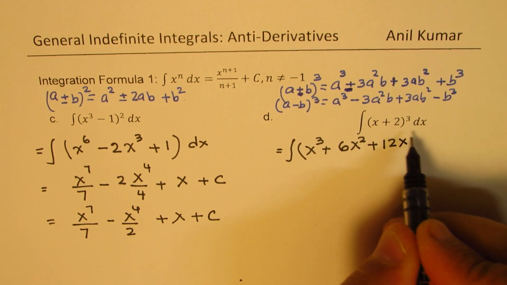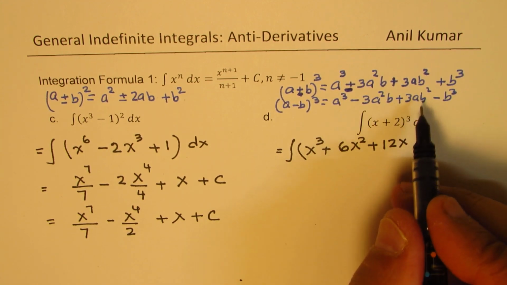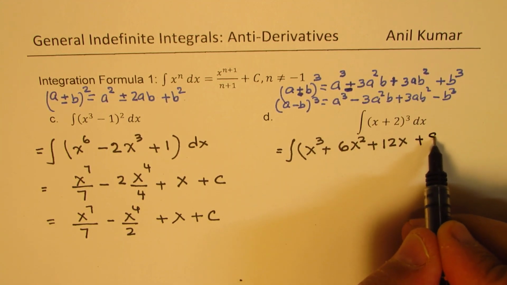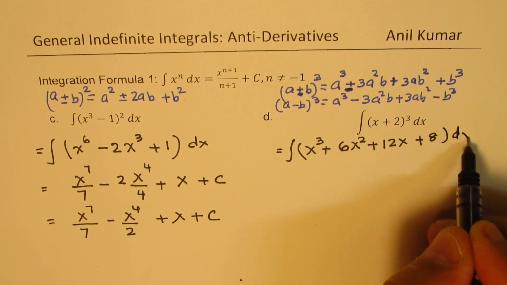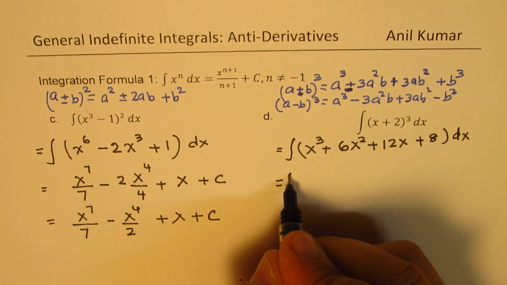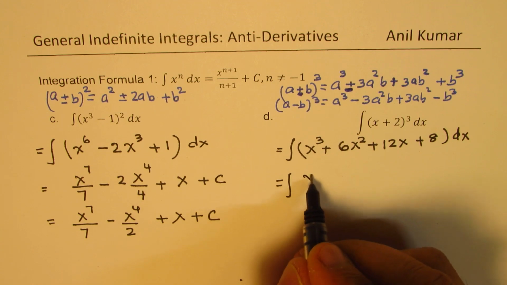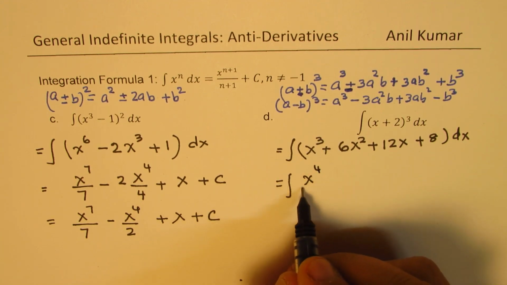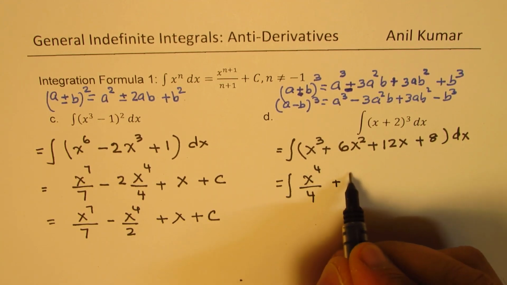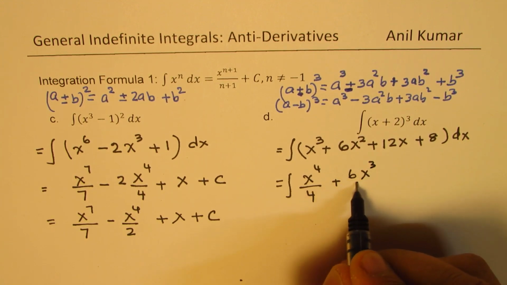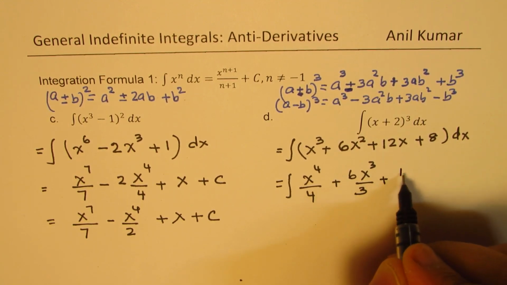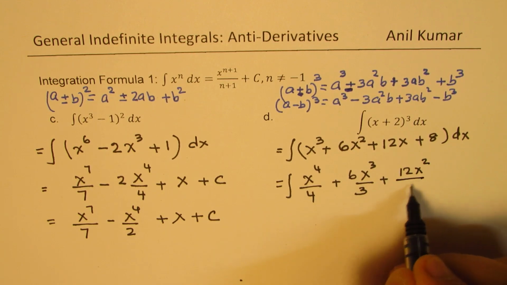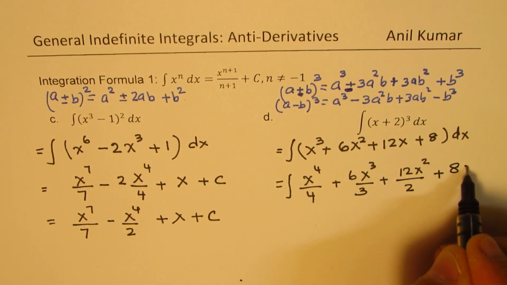So we write 12x plus 2 cube, which is 8. And this is what we need to integrate. So the straight rule can now be applied: x to the power of 4 over 4 plus 6 times x cube over 3 plus 12x square over 2 plus 8x plus c. Is that clear to you?